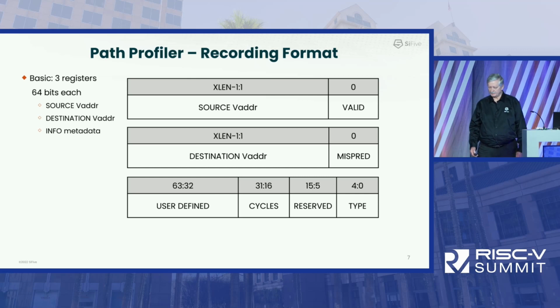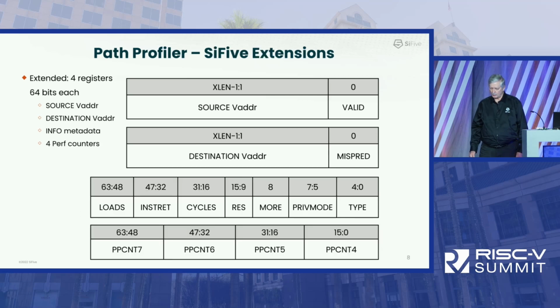The metadata includes type information and a 16-bit cycle count, and there are also some user-definable fields. So what we're doing is extending it to add 16-bit performance counters, for instructions retired and load counts, and also 4 additional optional performance counters.